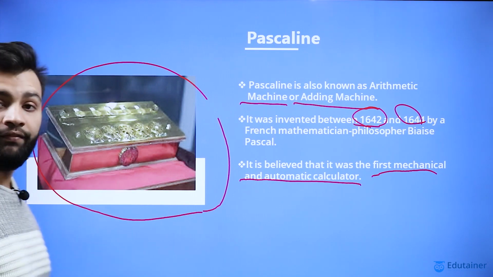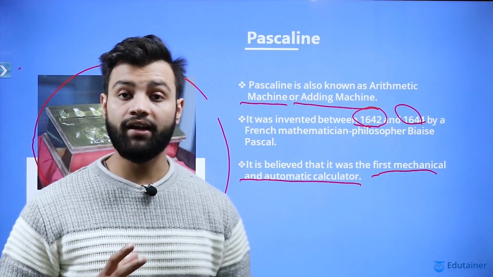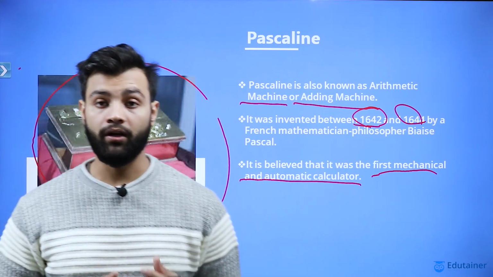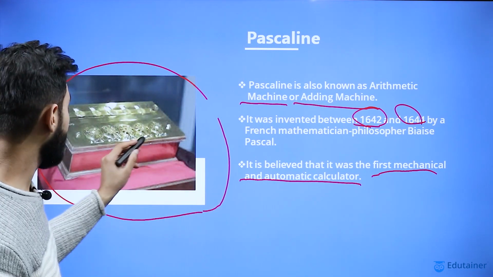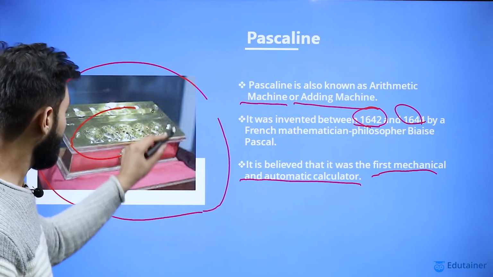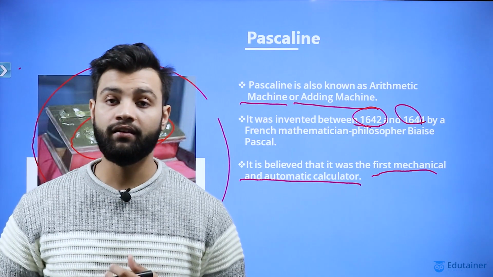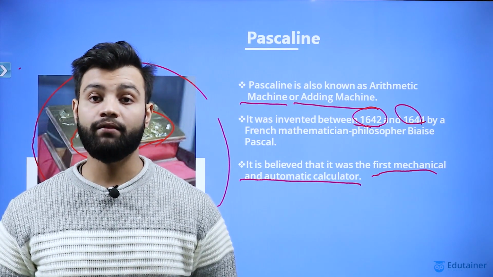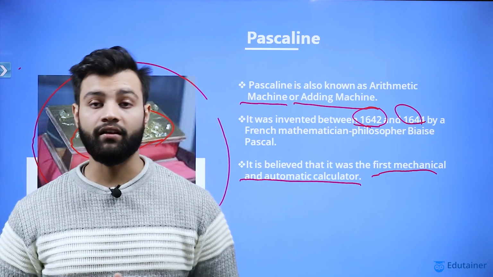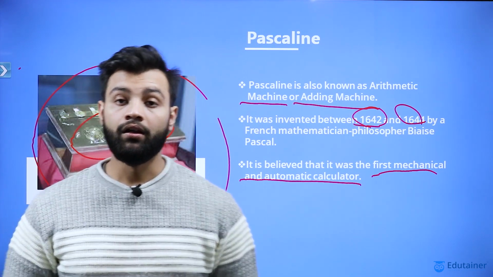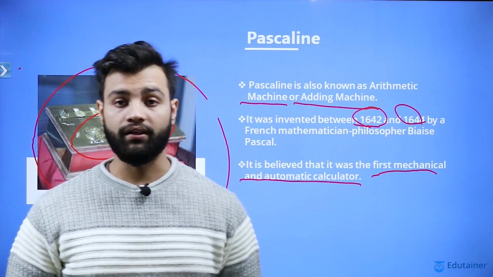It has 5 different rotors that were turned, and we were able to find the results of the mathematical expression. Now we will be moving to the next one.